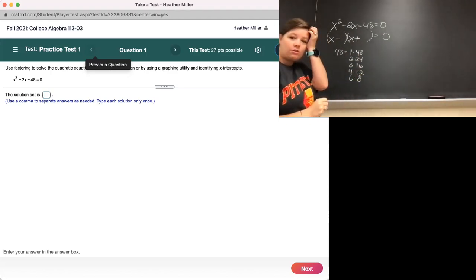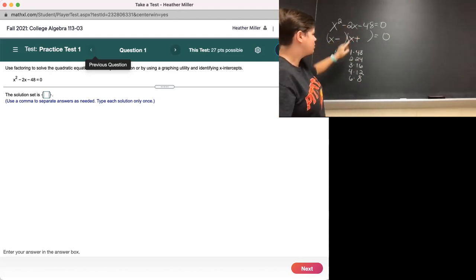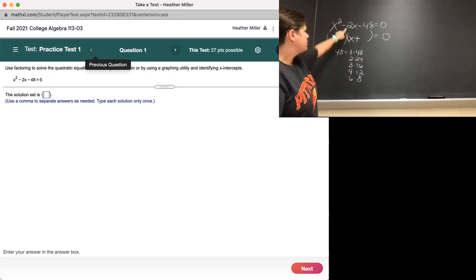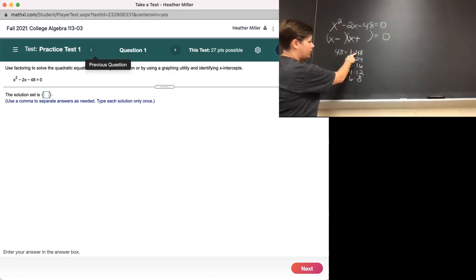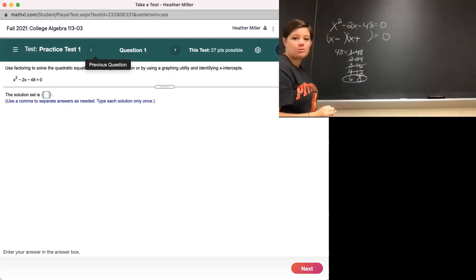So there's lots of factors of 48, but I need to ask myself, if I subtract 2 of the factors, is there one that'll give me a 2 or a minus 2 as my middle? So if I subtract 48 and 1, am I going to get 2? No. 24 and 2? No. 16 and 3? No. 12 and 4? No. But if I subtract 8 and 6, I do get a 2.